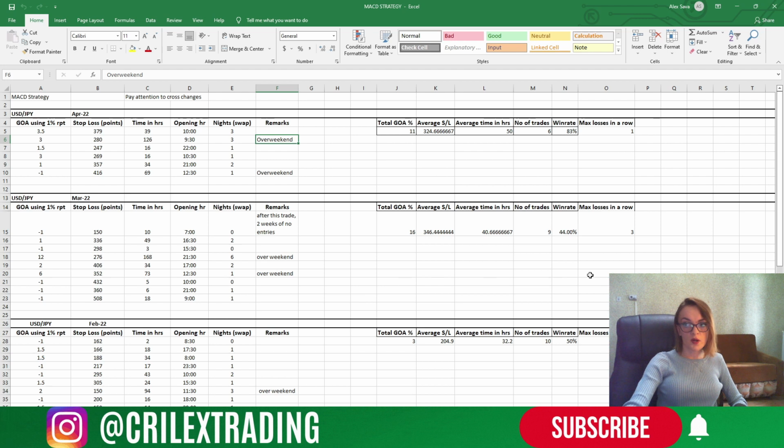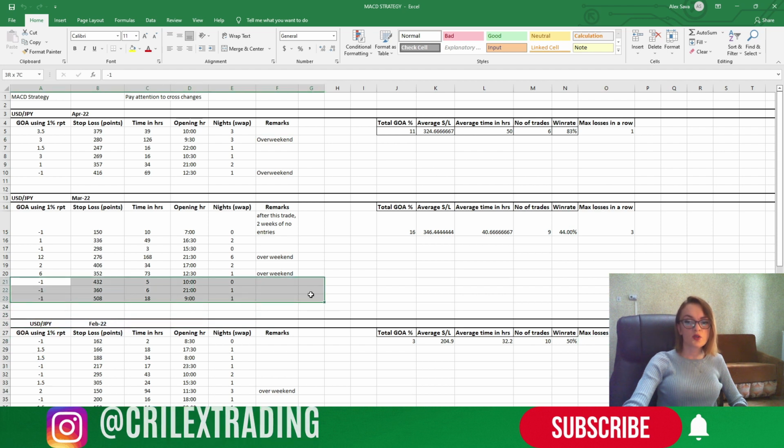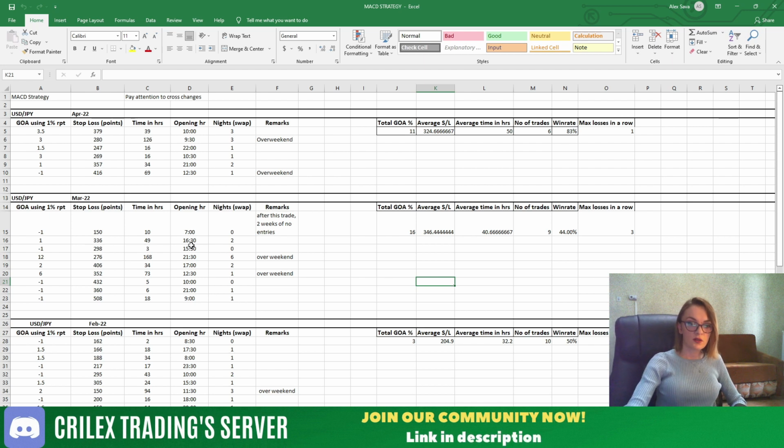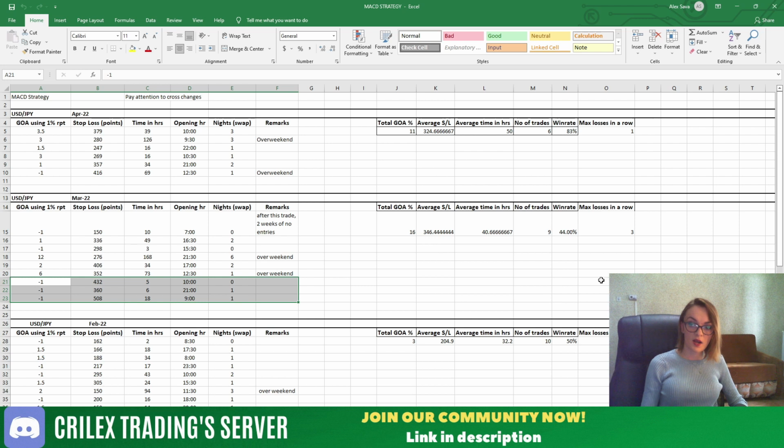But there were months when we got 3 losses in a row or 2 losses in a row, and in these months we have to pay attention to the market behavior and to the ranges, because I am pretty sure that these 3 losses in a row happened in a ranging market where we had to stay out, sit on our hands and wait for an actual trending market.